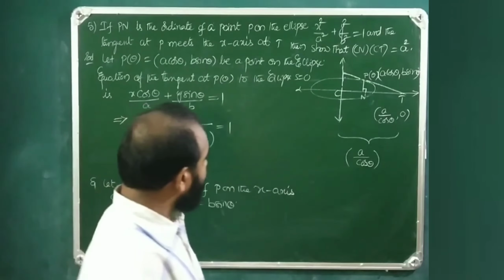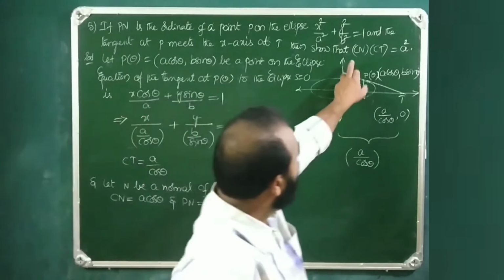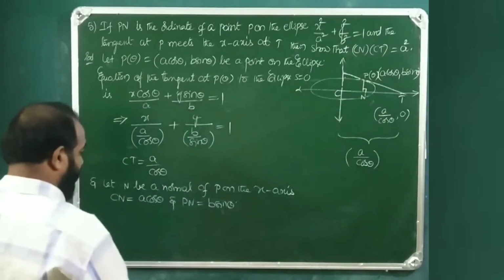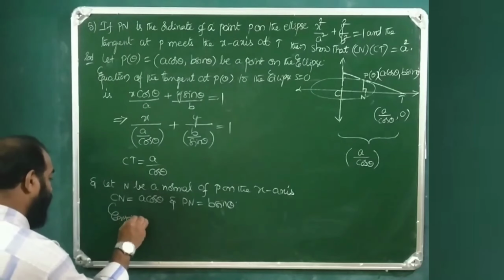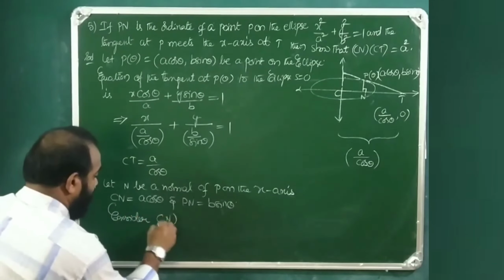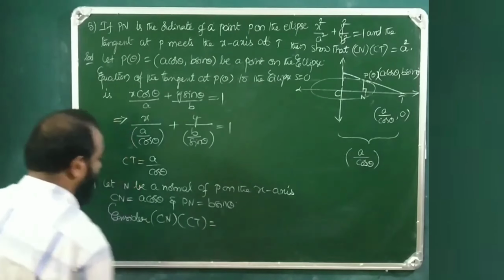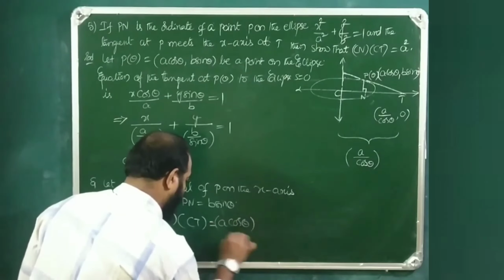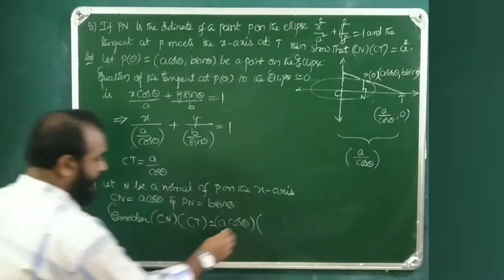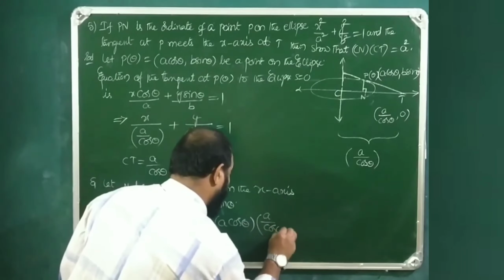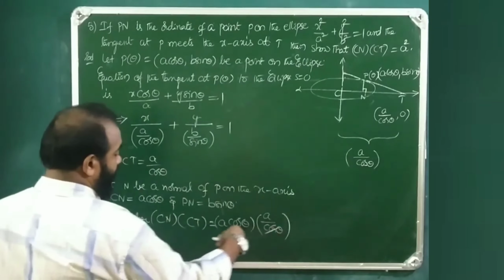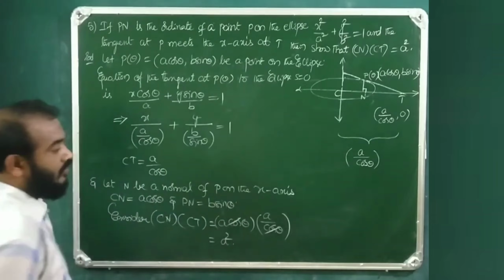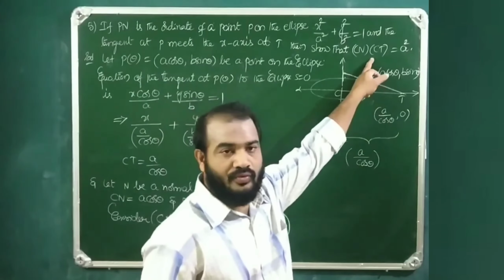Now what do we require to prove? Cn into Ct equals a square, for which let us consider Cn into Ct. Cn equals a cos theta and Ct is a by cos theta. So this cos theta and cos theta get cancelled. So a into a is a square, which is what we were required to prove.